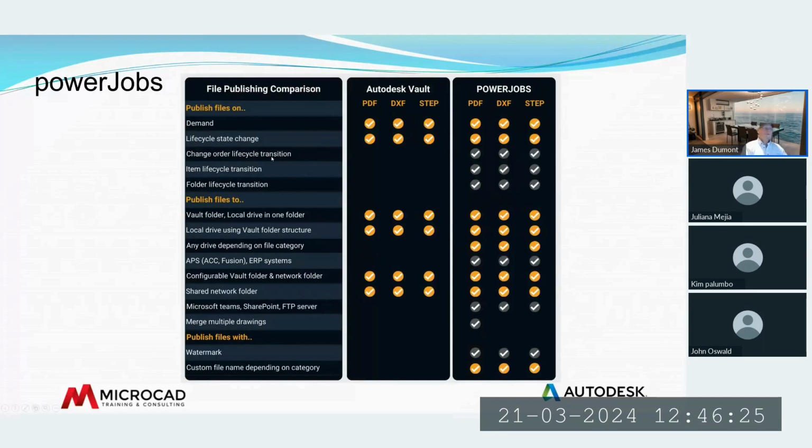Like you saw, the lifecycle transition, I can do things automatically. Item lifecycle transition, folder lifecycle transitions. Over here, ERP systems, I can actually integrate dynamically with those. The difference between the orange and the gray, orange is installed with the software out of the box. Anything that is gray, it's available on their website. You simply just get what you need, download it, use the code as is, and you're off and running.